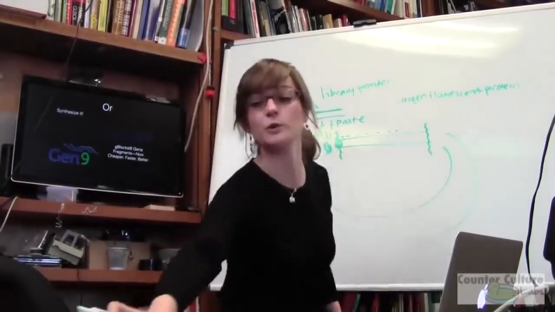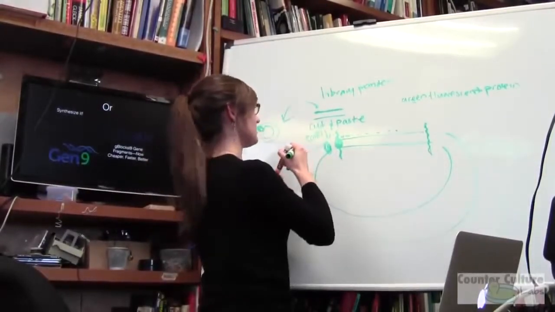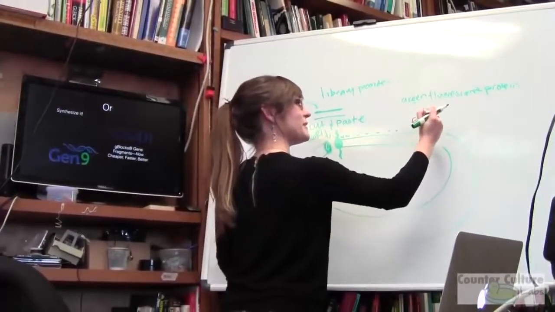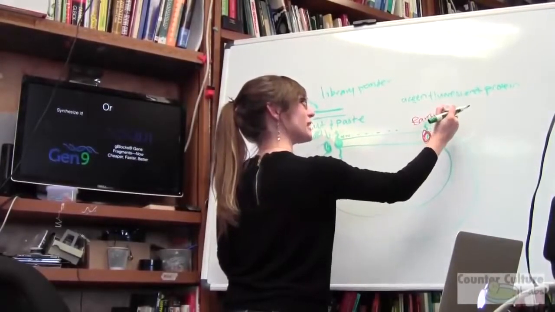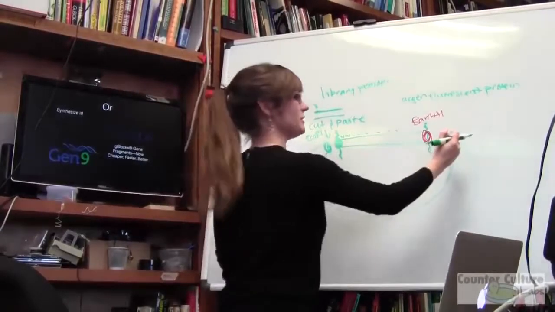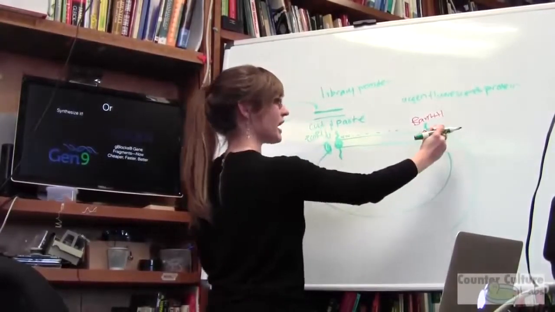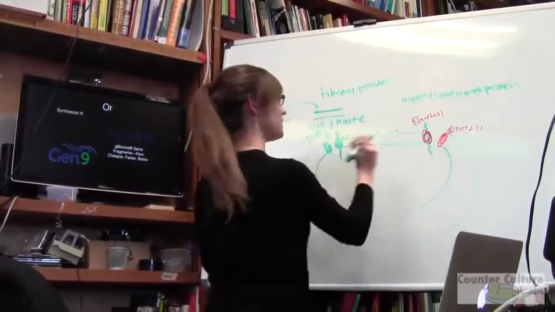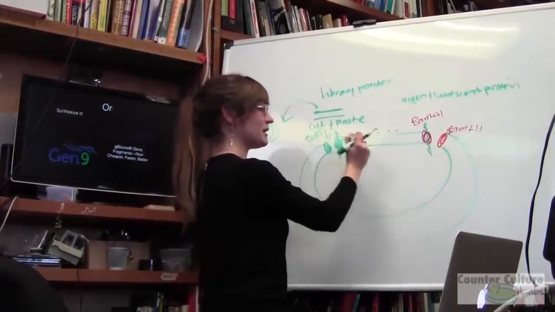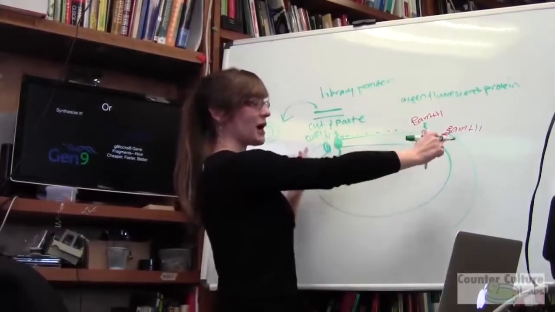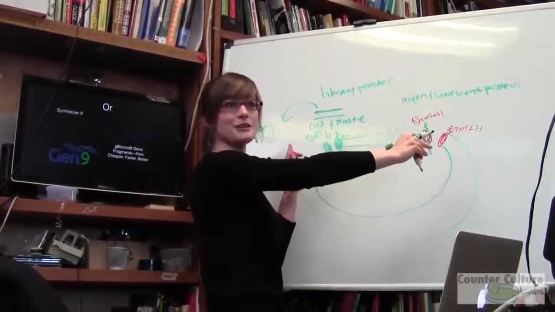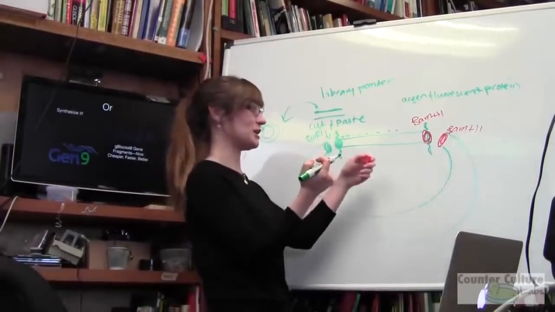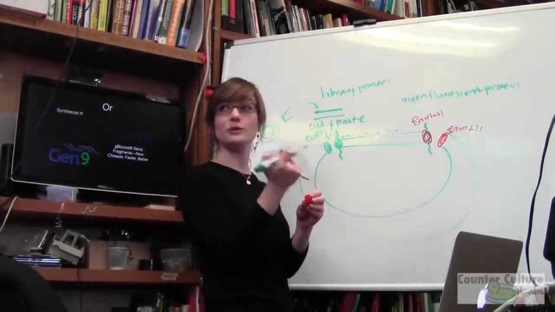And then the same thing would be on the other side of the gene. I have maybe a BamHI site, which is another, and you'll get into this when you get into cloning. But this would be the cut and paste. I have the same site on the vector. So if I cut the vector with EcoRI and BamHI, and I cut my gene with EcoRI and BamHI, they'll have complementary overhangs, and I throw some ligase in there, and they ligate together. And I get a circle with my gene in it. So that would be, yeah.